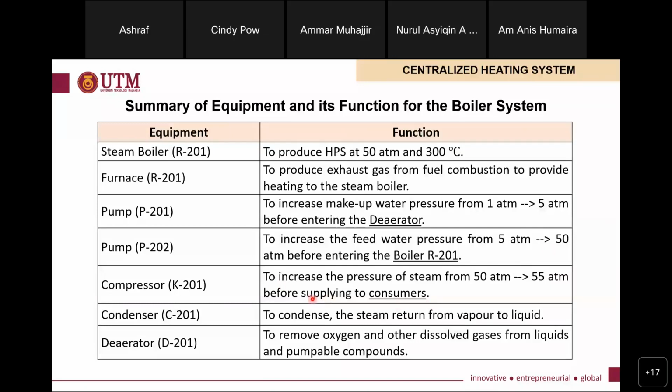The last equipment is the deaerator D201 to remove oxygen and other dissolved gases and flammable compounds. The deaerator is also to reduce corrosion in the pipeline. Next slide.